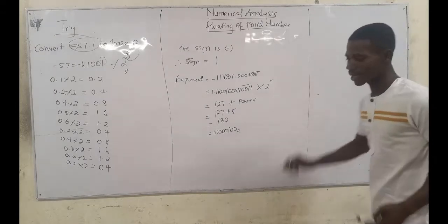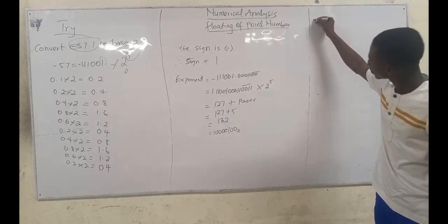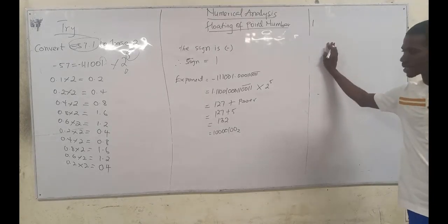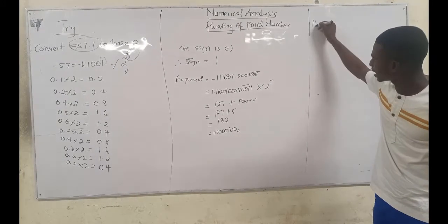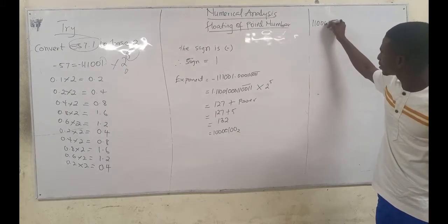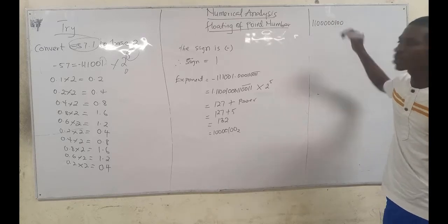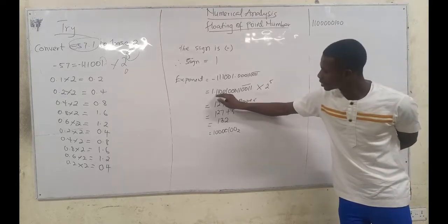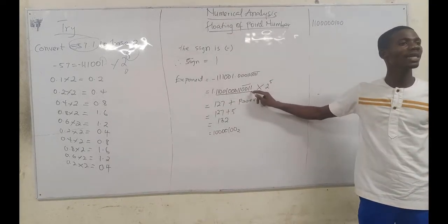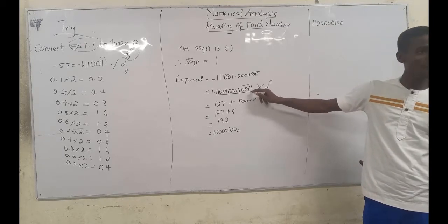So since the sign is negative, we start with 1. Please, let's watch here. Then we continue with the exponent. So we add 1, 0, 0, 0, 0, 0, 1, 0. Please, are you okay? Then we come back to where we converted the number to base 2, the standard form.